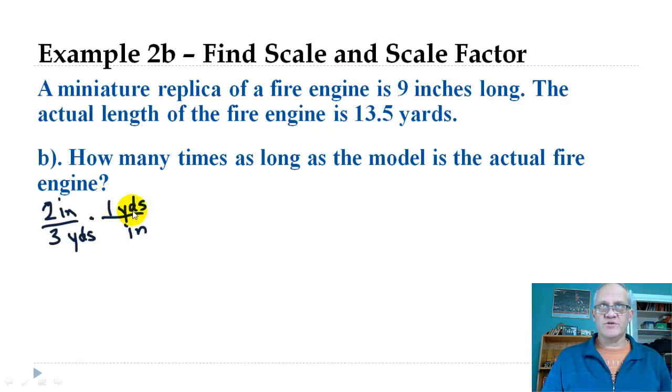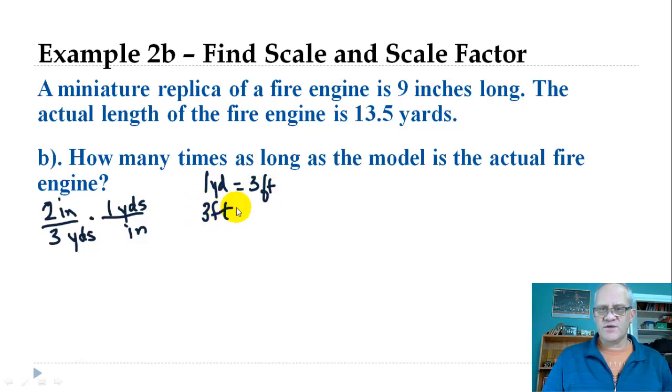Well, 1 yard is 3 feet, right? So let me write this out. 1 yard is 3 feet. And in each foot, you have 12 inches, right? So if you had 3 feet, you'd have 36 inches, right?